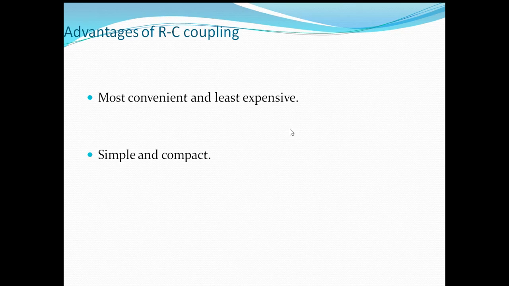Of course, when we couple with fewer components, it is simple and compact. We can easily couple from one stage to another because only two components are used. Next, it is most widely used in almost all amplifier applications. The RC coupling technique is mostly used.